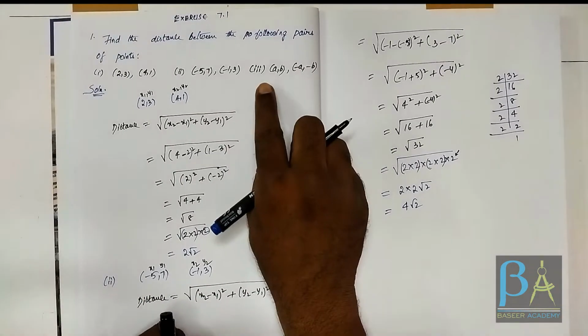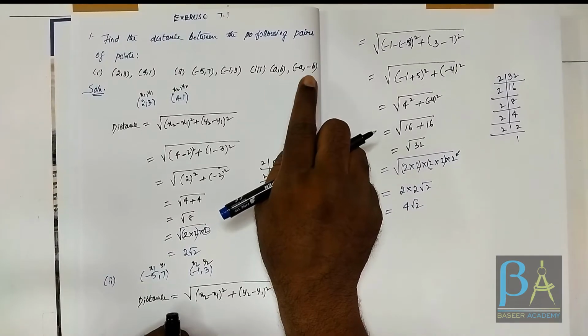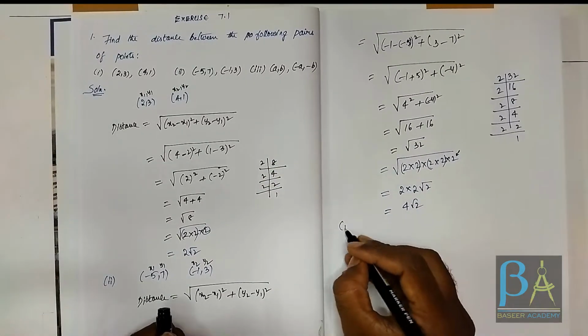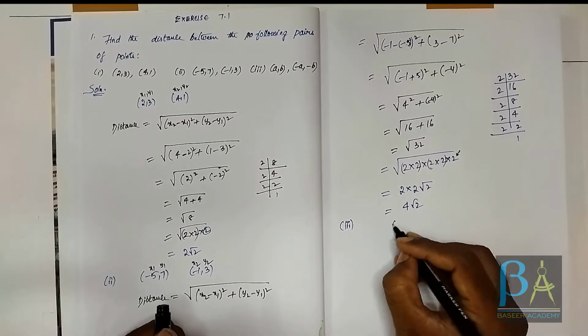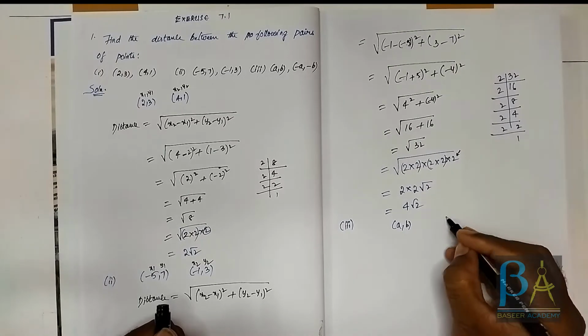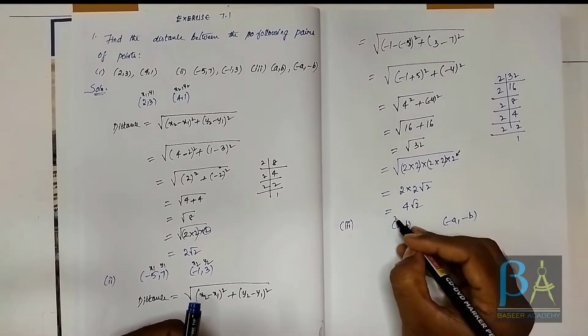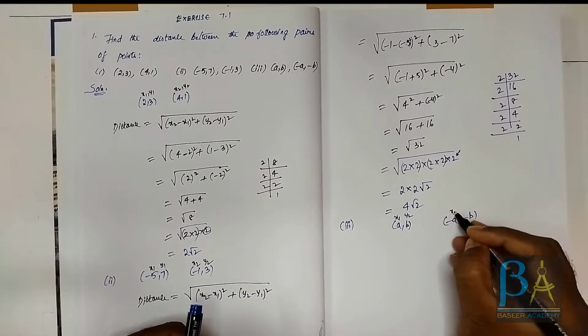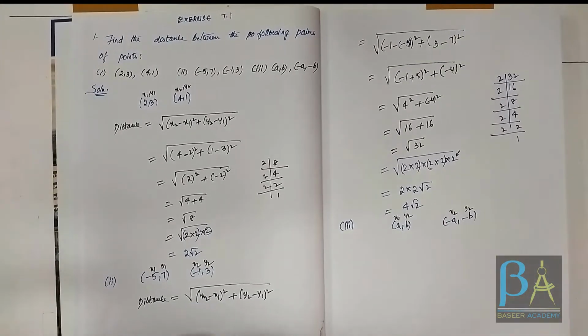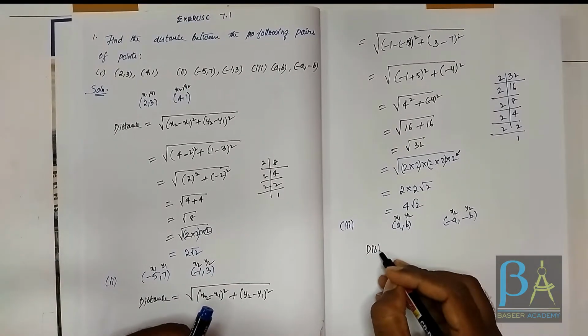Let us also find out the distance between these two pairs of points. The third bit, I need to find the distance between a comma b and minus a comma minus b. Let us say this is x1 y1, let us say this is x2 y2, and what is the distance formula?